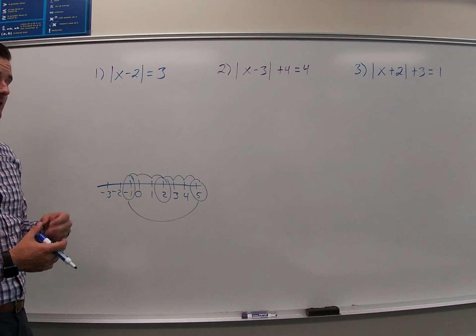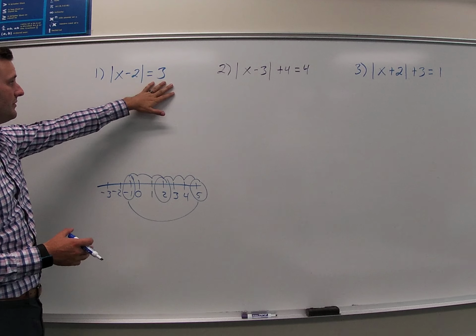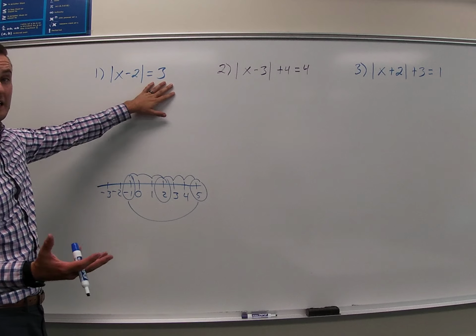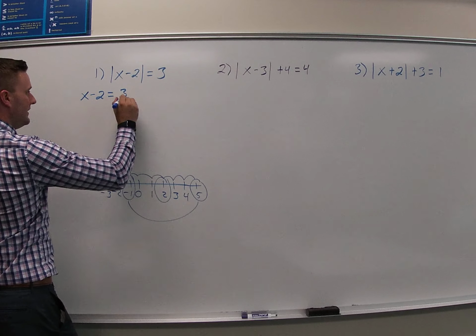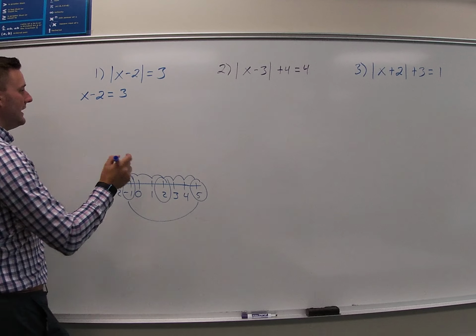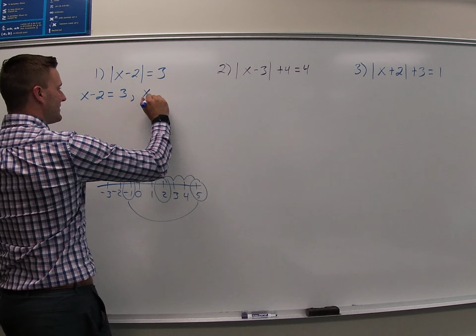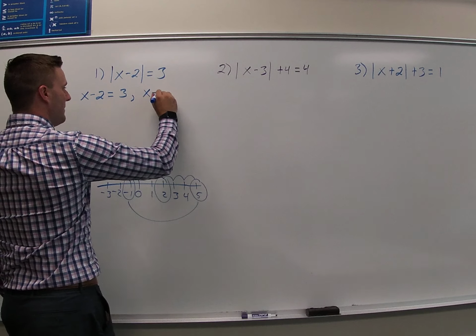You write two equations, one with the +3 and one with the -3. So I'm going to copy this equation twice. I'm going to say x minus 2 equals 3 without the absolute value bars, and I'm going to say that x minus 2 equals the opposite of +3, which would be -3. Then I'm going to solve each equation separately.